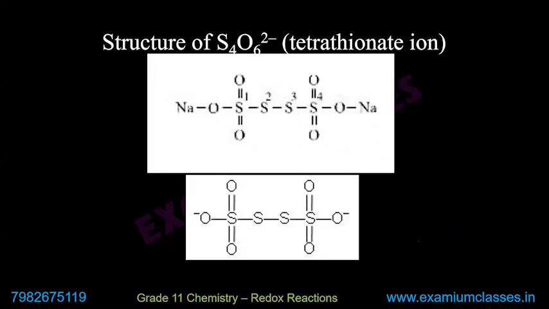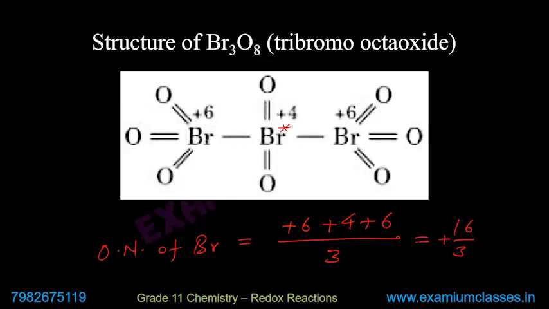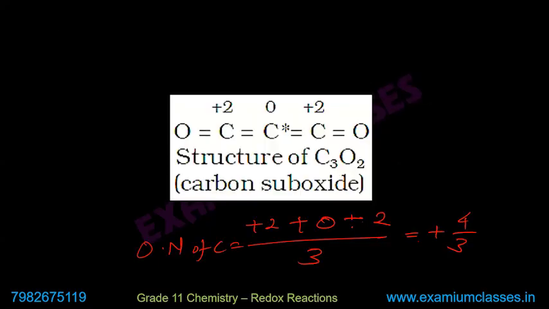Yes. In carbon suboxide, sir, how is the oxidation state of carbon +2? As I said, you have to draw the line of symmetry. Now the left hand side and right hand side are the same. And then oxygen is not superoxide here, not peroxide here, not attached with fluorine.